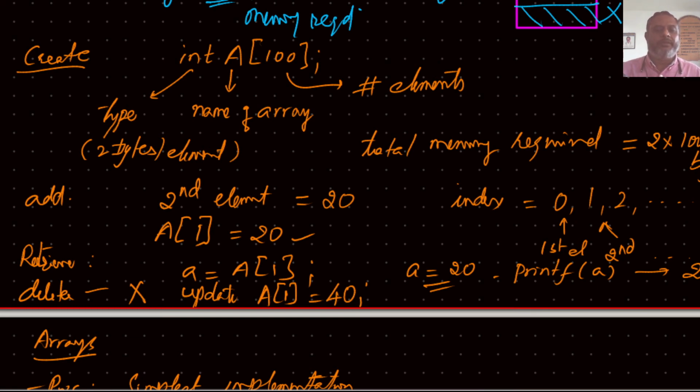And if you say A of 20 is equal to 30, then it goes to the 21st location and adds 30 there. Whether it is A of 1 or A of 20 or A of 99, whichever location you tell, all are done with the same time. The execution time is the same for all these operations.